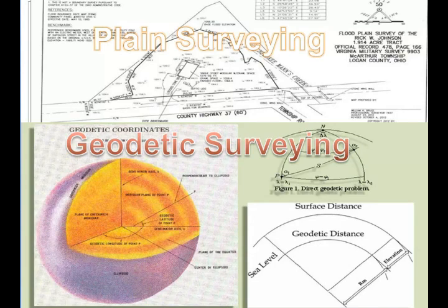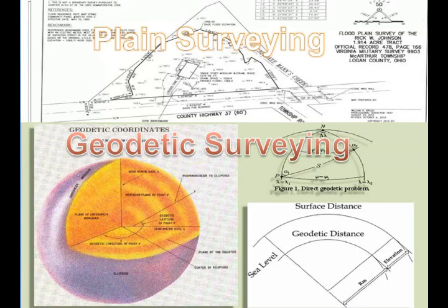Whereas in geodetic survey, you are using this small curve over here, and this should not be more than 250 kilometers. If it is, then it comes under geodetic survey, where we have to consider the curves and the dip of the instrument. We'll come to these terminologies as we proceed ahead.